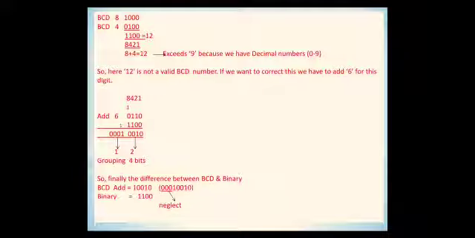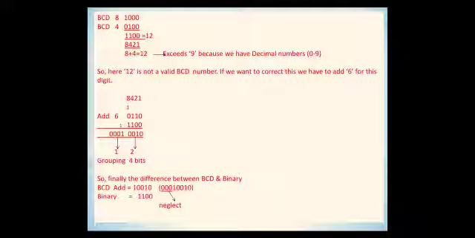When adding in BCD, 8 is equivalent to binary value 1000, and 4 is equivalent to binary value 0100. Finally we get the resultant value 12, by using the code of 8421.